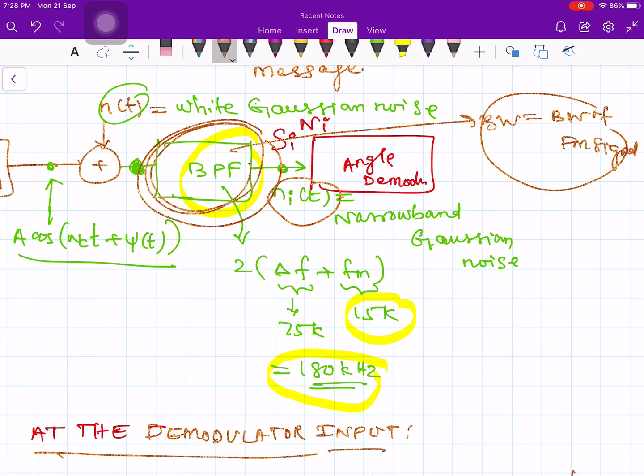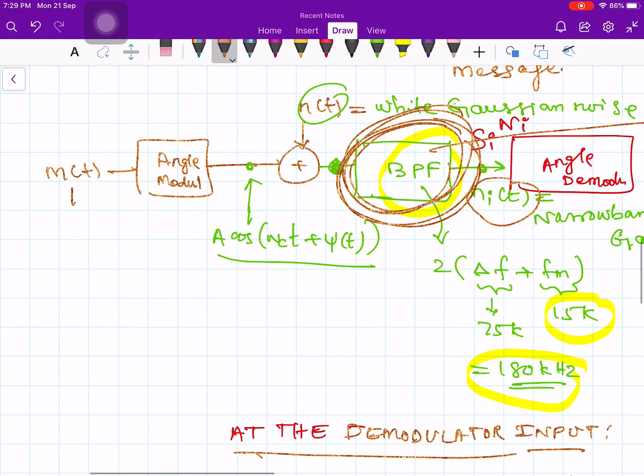Therefore, the bandwidth of this band pass filter must be equal to 2 times delta f plus B, whereas the bandwidth of your message signal is B hertz. Please remember that.